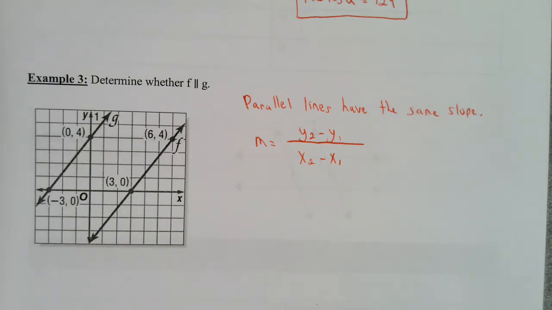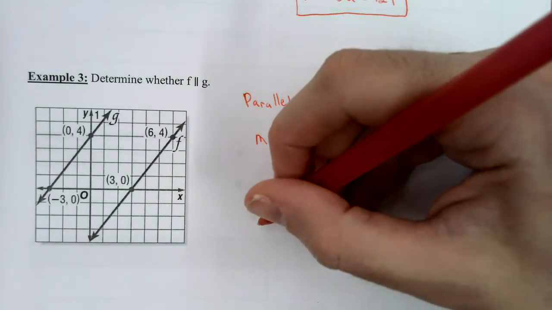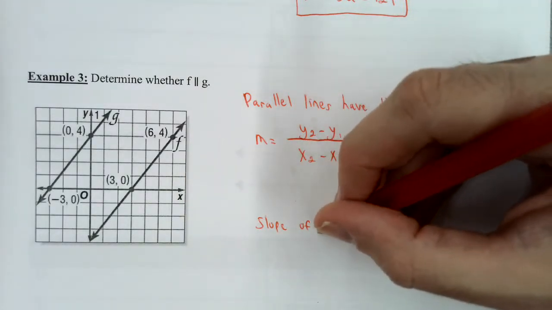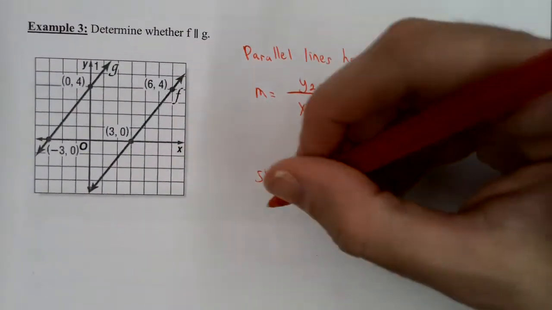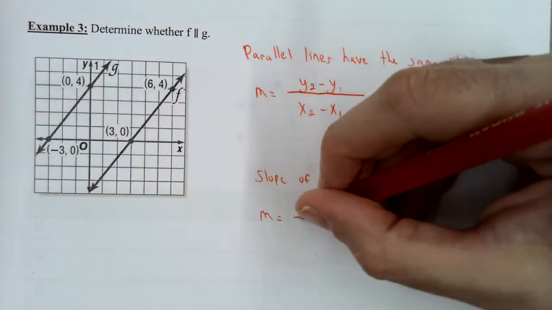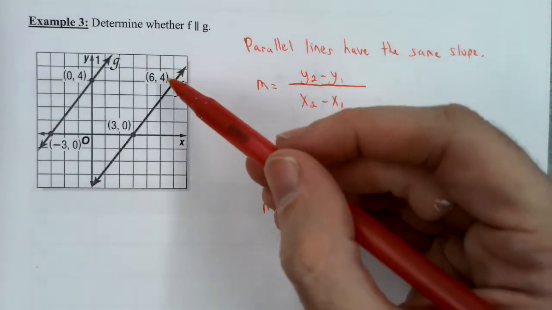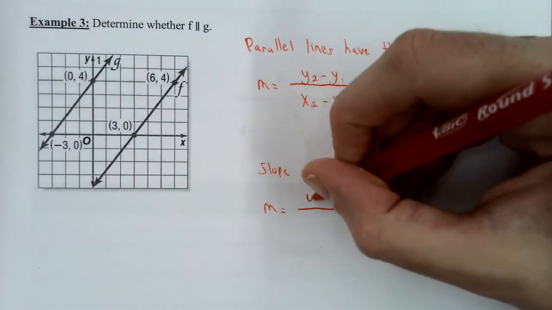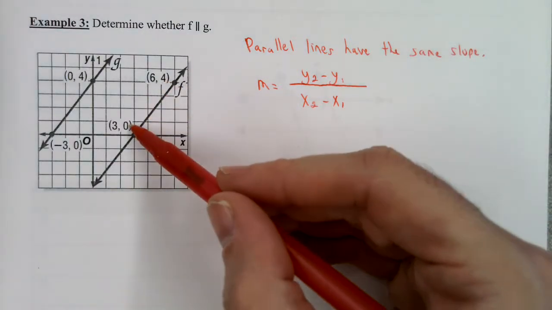So I'll say slope of F. y2 minus y1. So I'll do 4 minus 0. Again, we're looking at line F, 4 minus 0.